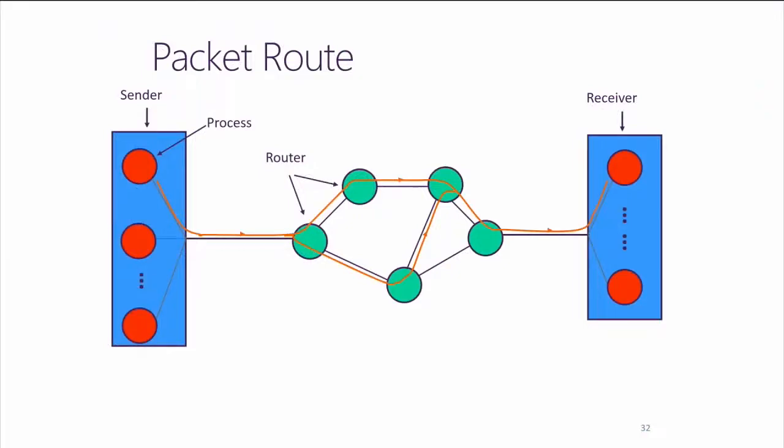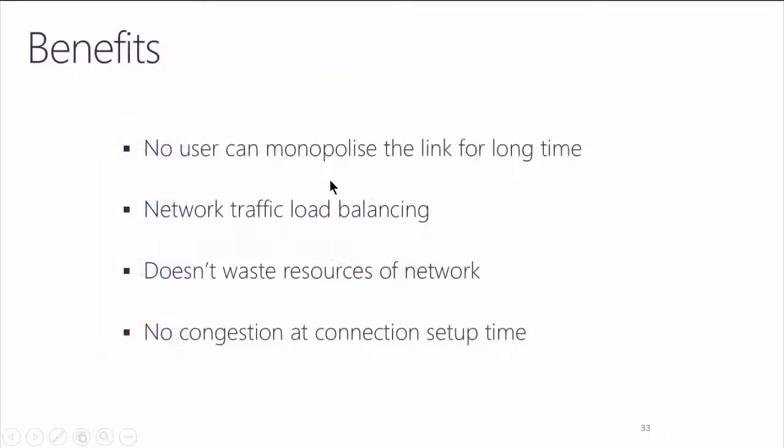You will have a sender. When we look at the OSI levels, each layer has a different role. To be honest, I'm not going to cover all of these, okay? Everything depends on what protocol you're using. No user can monopolize the link for a long time, because you can easily monitor this and verify that, especially if you have an IPS or IDS.